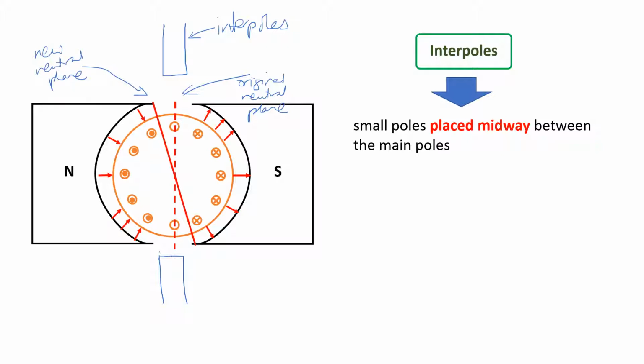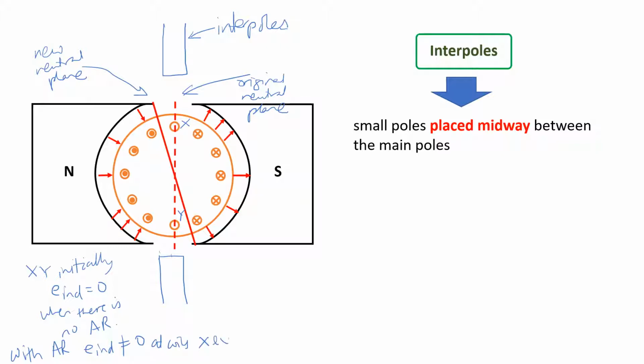And what happens is the new neutral plane will cause the coils X and Y, which initially had zero induced voltage when there is no armature reaction, but with armature reaction, the induced voltage is no longer zero at coils X and Y.